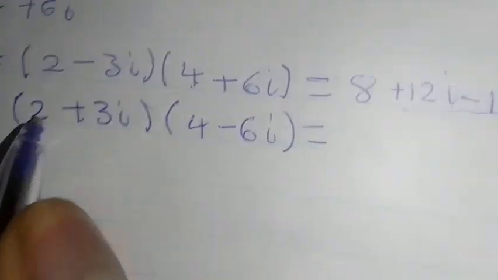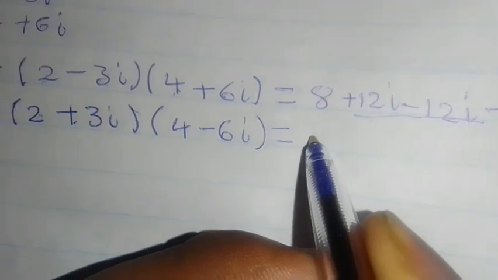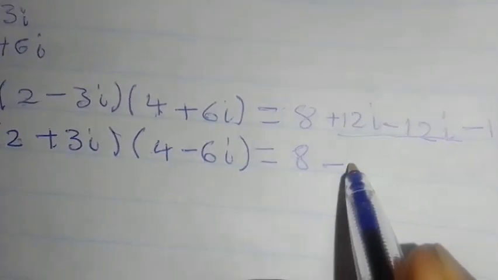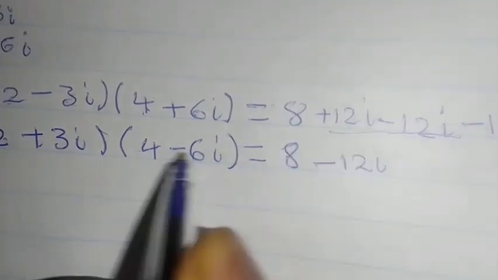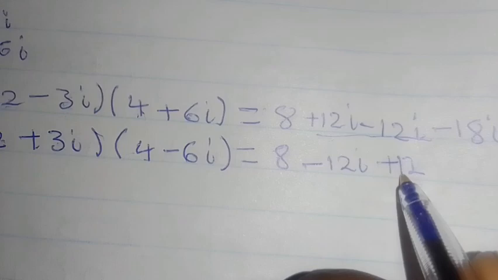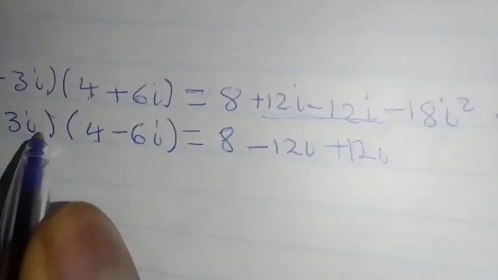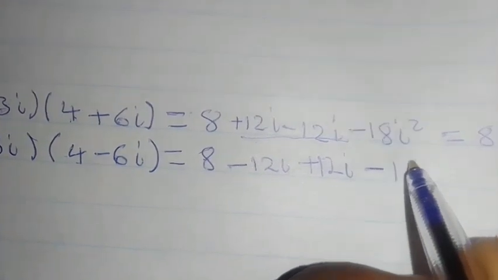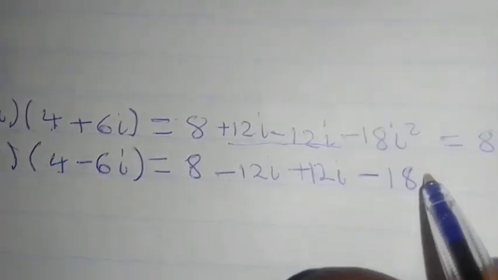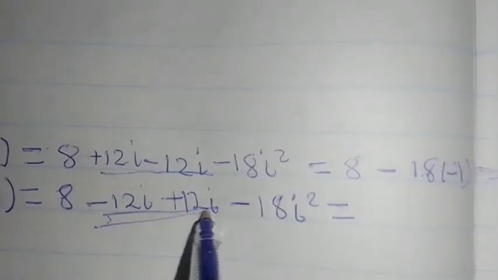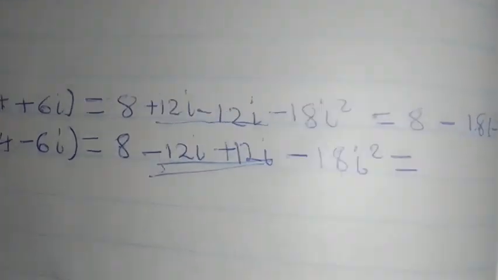Now 2 multiplied by 4, that's going to be 8, and 2 multiplied by negative 6i is going to be minus 12i, and 3i multiplied by 4, that's just going to be positive 12i, and 3i multiplied by minus 6i is just going to be minus 18, and i by i is just going to be i squared.